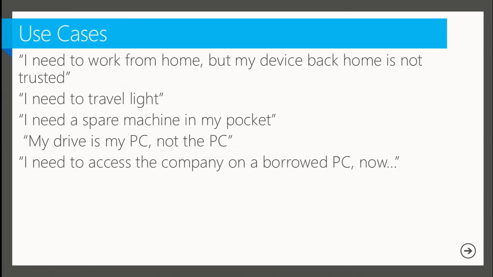But there are reasons. Here are some of them. I like the sales guy or the very important consultant. He's sitting over there, extremely important consultant. He needs to have an extra computer, but the company he works for cannot provide it for him. It's too bad, right? But they could provide a Windows to Go device.